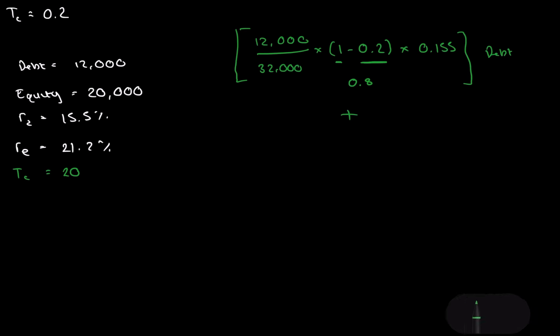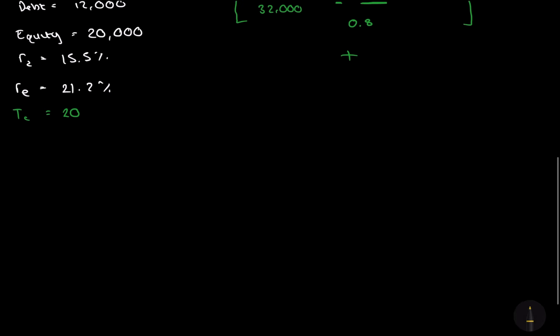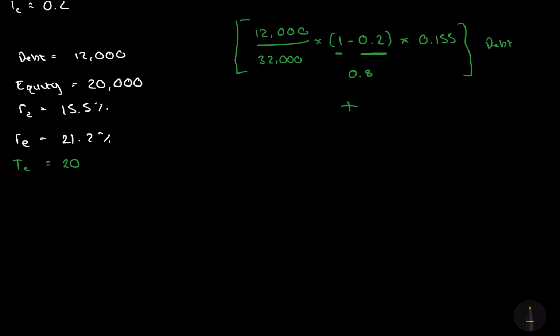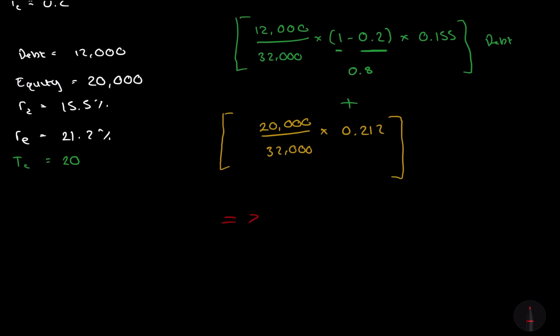Plus, I'll use a different colour for this, we'll use a yellow. So equity, we have 20,000 over 32,000, and this is our gearing ratio. This is a lot more simple because equity is not tax deductible, so times 0.212. If I were to calculate that, well, essentially we can estimate.